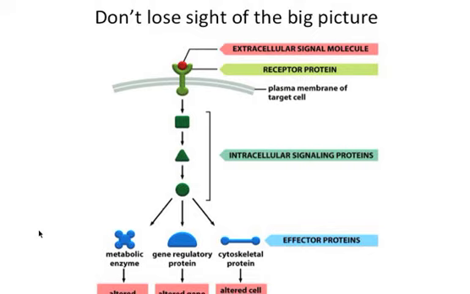Please do not lose sight of the big picture. I've seen that a lot in recitation this week, where people are talking about beta-catenin pathway, Wnt signaling pathway, and beta-catenin, and I'll say, well, what's the function of Wnt signaling? And people will say, well, to do something with GSK3. And I'm like, no, that's not the big picture.